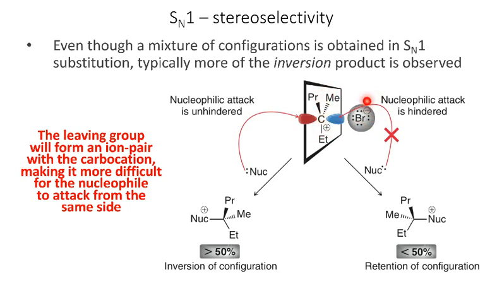They kind of stick close together for a while. If that leaving group is hanging around, if it's not getting completely lost, that prevents the nucleophile from coming in, where the nucleophile is free to come in on the backside. And so in SN1 reactions, we see both the inversion product and the one that retains its configuration, but we typically see a little bit more of the inversion product.